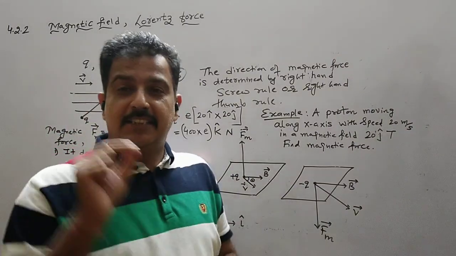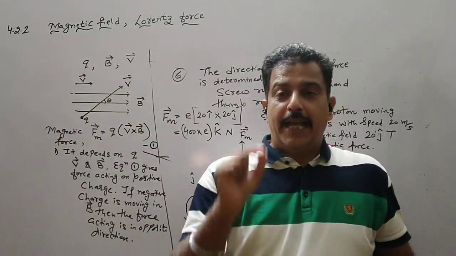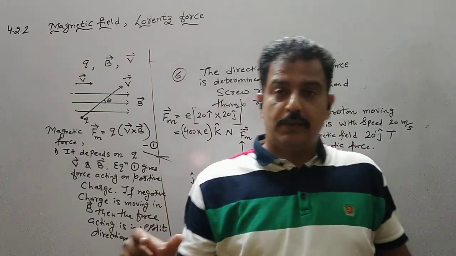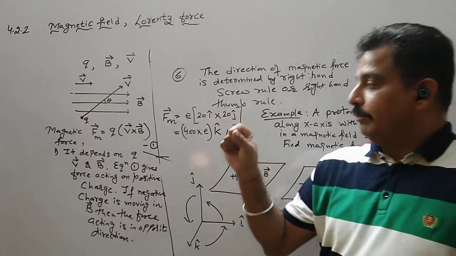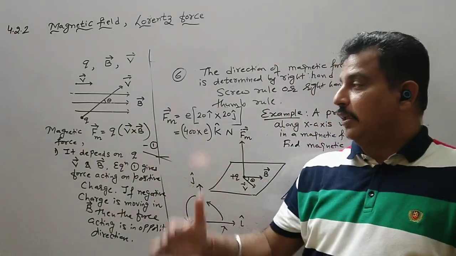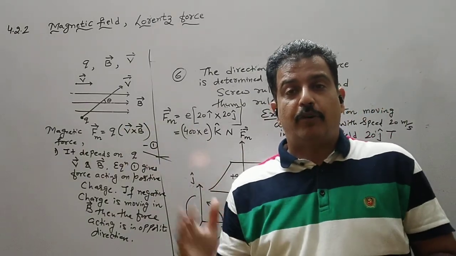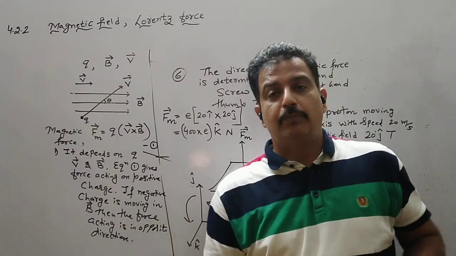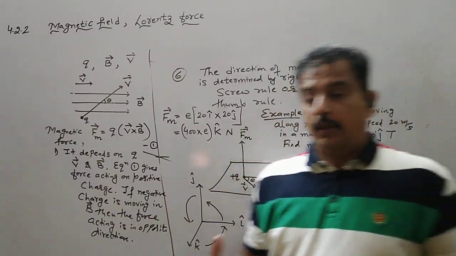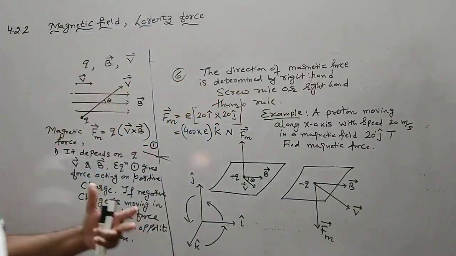So if any charged particle enters into the magnetic field, it will experience a magnetic force. The magnetic force is given by this formula from the experiment performed by Ampere. We will come to this experiment also, how Ampere formulated this formula.